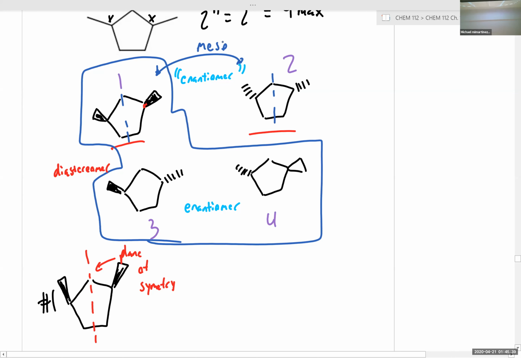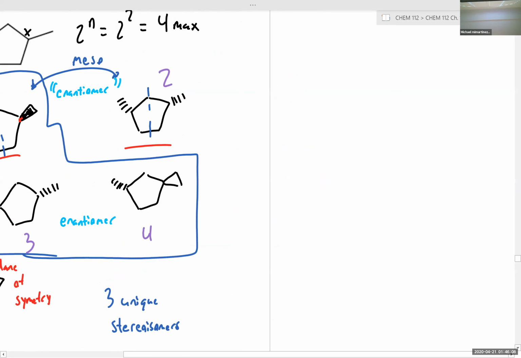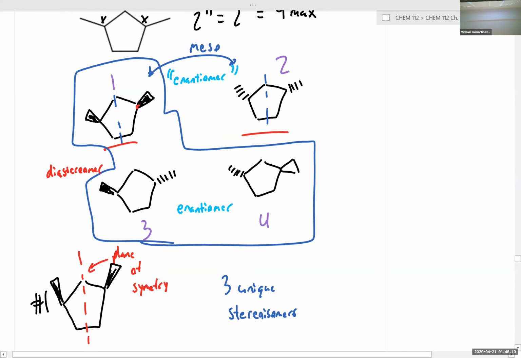So we have a total of 3 unique stereoisomers, plus 1 meso. And we don't really include the meso because it's identical to one of our stereoisomers. Does that make sense to everyone? Does everyone get why there are only 3 unique stereoisomers?